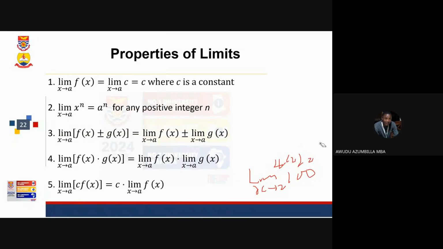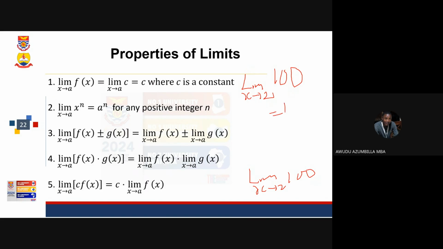Maybe you are not seeing it. Well, let me write it well for you to see. I'm saying that you have the limit as x approaches 2 of 100. What will be the answer? What will be the limit? Say 100. Yes, it's going to give you 100.